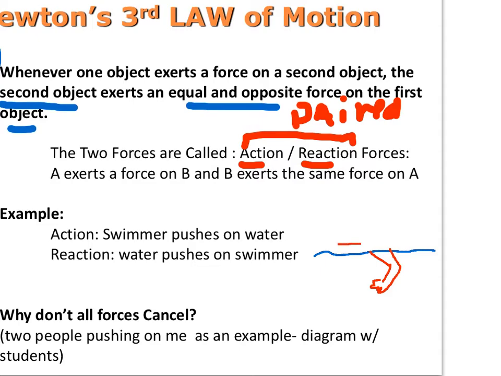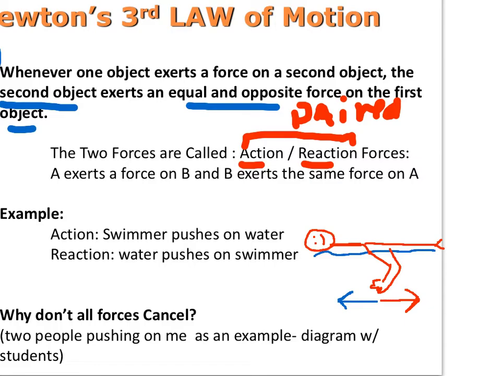Let's make sure we know what direction my swimmer's going. We'll make him go in this direction, and his feet somewhere back here. So the swimmer is going to push on the water, and according to Newton's third law of motion, the water is going to push on the swimmer.